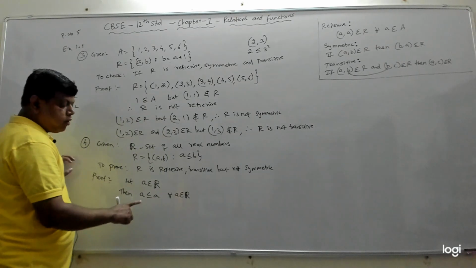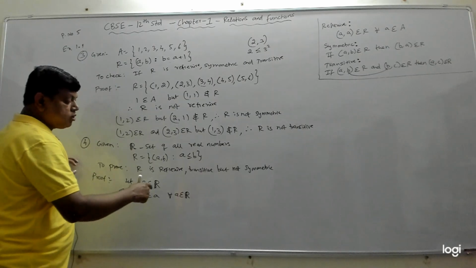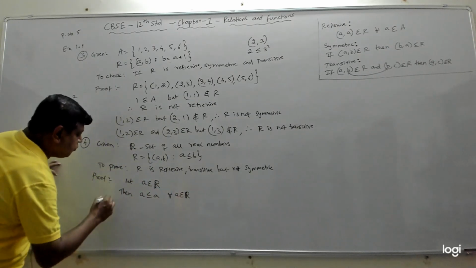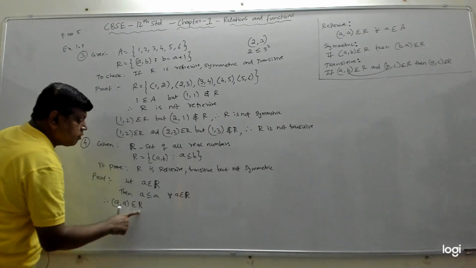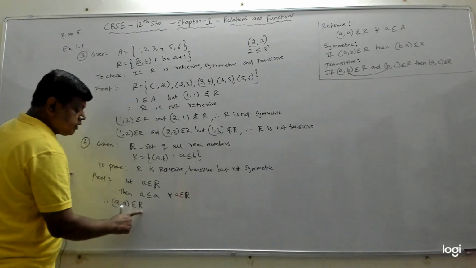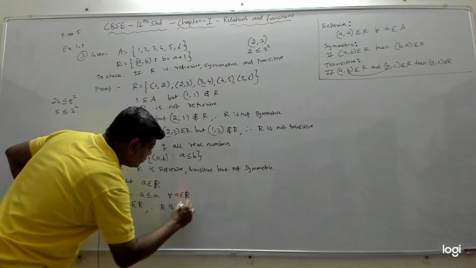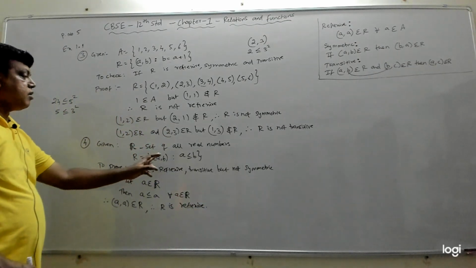It's always true: 1 is less than or equal to 1, 2 is less than or equal to 2, 3 is less than or equal to 3, 1/2 is less than or equal to 1/2. So it is true for every real number. Therefore, (a, a) belongs to R. This R is different from the set R; this R is the relation R. Therefore, R is reflexive. So we have proved that R is reflexive.